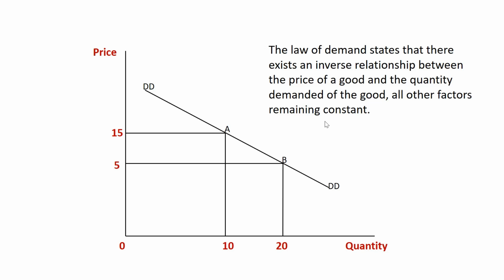The other factors of interest are income of consumers. We have to acknowledge that that also affects demand. Price of related commodities, taste and preference of consumers, weather, number of buyers, advertising level. All these have influence on demand.